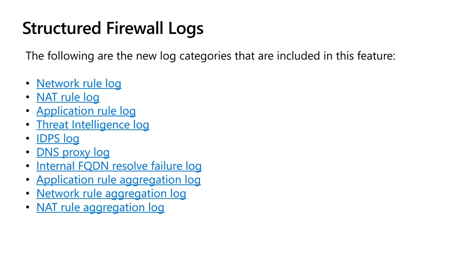This is pretty self-explanatory, and having this kind of distinguished logging capability will help us with troubleshooting, auditing, and also advanced features like policy analytics, which we'll be covering in the next segment.